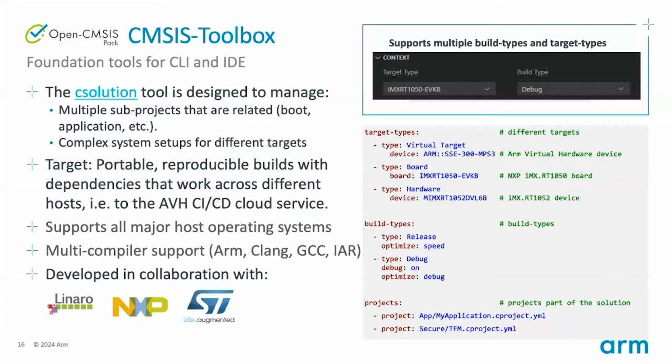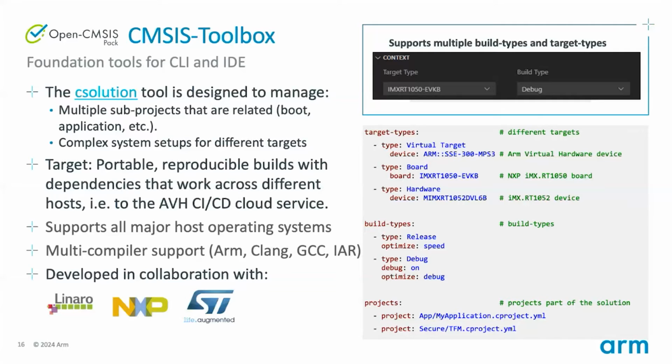For example, one part of the CMSIS toolbox is a small tool called cpackget that helps you to download packs automatically that are not available on your machine. And the main tool is called csolution that manages the whole project and helps to create complex solutions for your application. So you may have different contexts, and these contexts may be unit and integration tests on AVH simulation models, where the virtual drivers implement the interface to the simulated I/O.